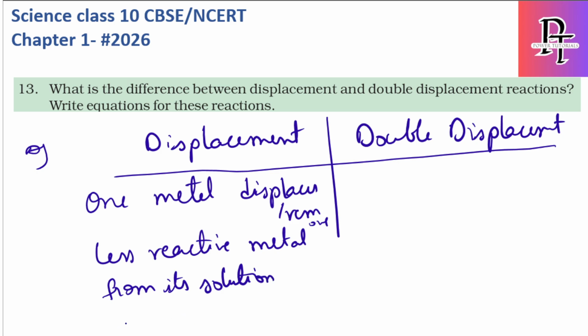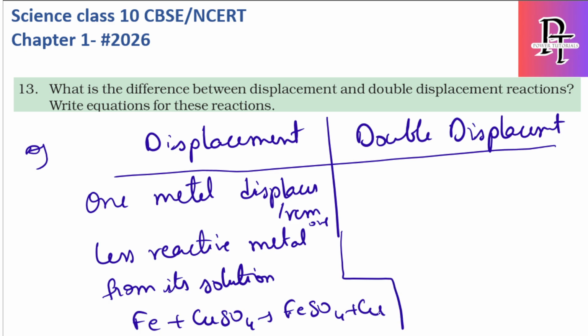The example is iron plus copper sulfate gives rise to iron sulfate and copper. So what happened here? Iron is more reactive than copper, so it displaced copper and took its place.